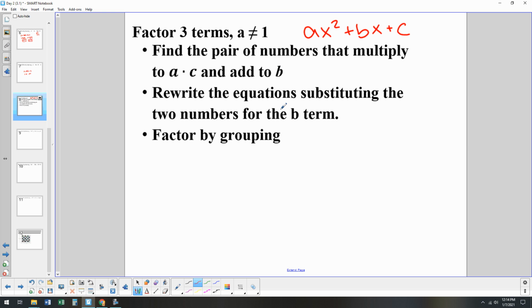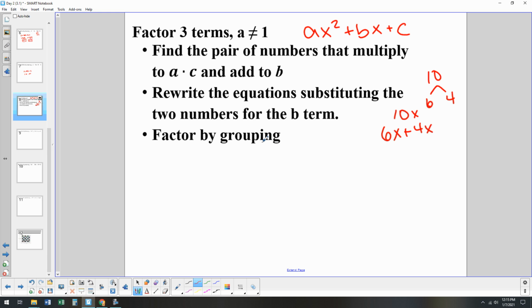Then I'm going to rewrite the equation, substituting those two numbers for the b term. So say the b term was 10 and I found it was 6 and 4. I'm now making it 6x plus 4x instead of the original 10x that was in the problem. And then we're going to factor it by grouping, because now we turned it from 3 terms into 4 terms.